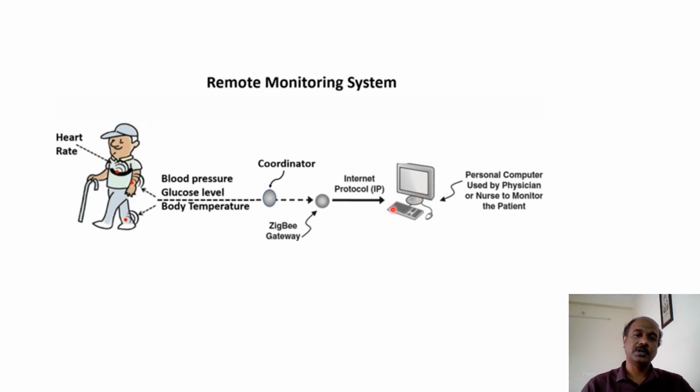The parameters measured by these ZigBee enabled devices will be sent through the coordinator and the gateway to the physician, so that the physician can wirelessly monitor the different parameters of the patient, and he can take further courses of action for maintaining the health of this patient. This is how we can use ZigBee for monitoring the critical parameters of the patient.